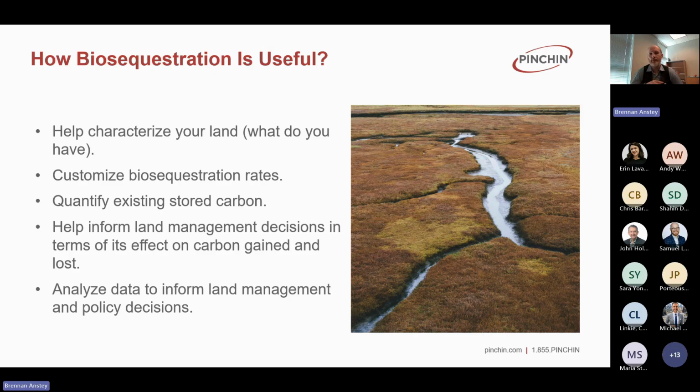And with those three pieces together, you can start to answer more complicated questions like, what can you do about it? What are you doing now? And how does that affect the carbon? That helps you make decisions in terms of what's gained and lost, and you can put numbers to it: okay, if we do this, we're going to save all this carbon.